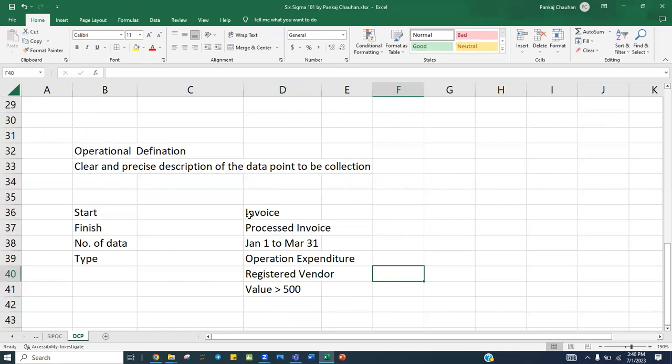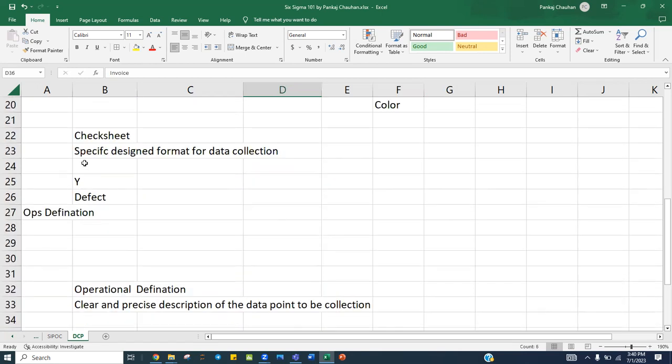If they have a very clear description written, that the invoices I am going to collect data for must have been processed, falling between Jan 1st to March 31st, only operational expenditure, coming from the registered vendor, and the value of the invoice must be greater than 500, then only we will say these are the invoices we are collecting. This is the way we write the operational definition.